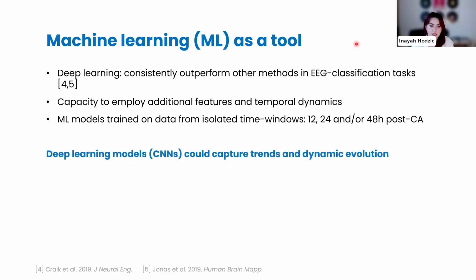But we believe that deep learning models, specifically such as CNNs, could, in addition to just looking at the isolated windows, capture certain trends and this dynamic evolution that I showed you before, which is very important. The context in general is very important, and certain patterns might be interpreted a little differently depending on what came before or what came after.